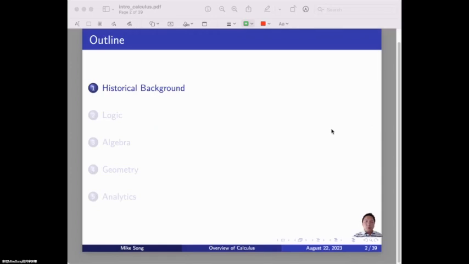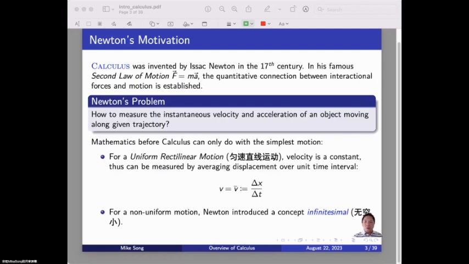The first part is about the historical background of calculus, mainly about Newton, who invented calculus in the 17th century. In his famous second law of motion, F equals ma, the quantitative connection between interaction and motion is established.